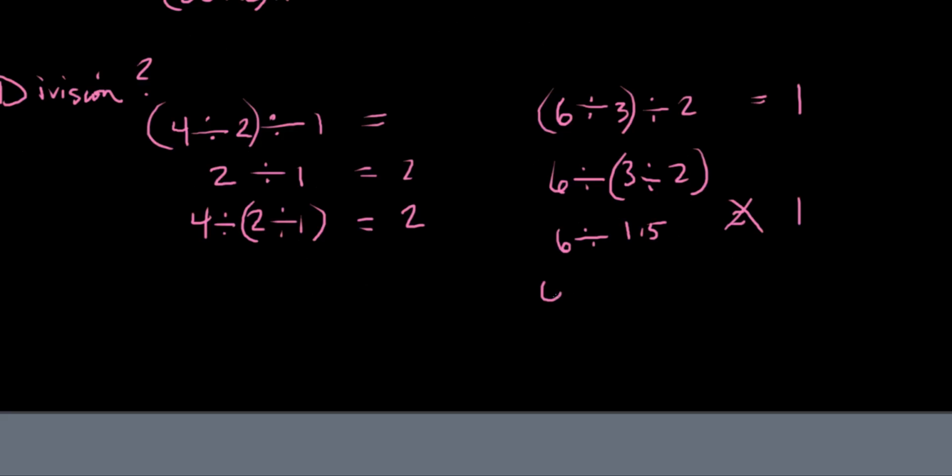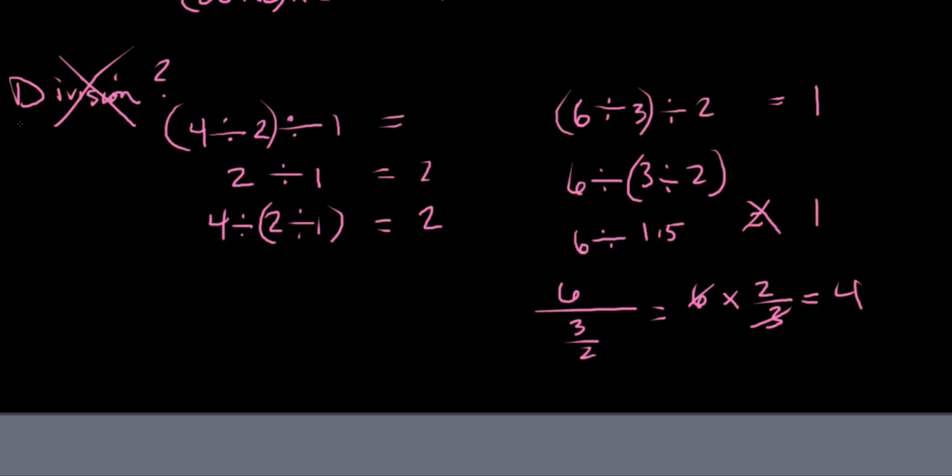So if we had 6 over 3 halves, that's equal to 6 times 2/3, and we see that, oh, yeah, I should have known that. It's equal to 4. So we see that 6 divided by 1.5 is 4. So guess what? It doesn't work with division.